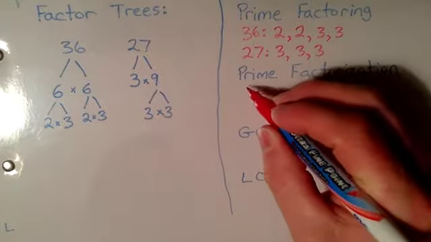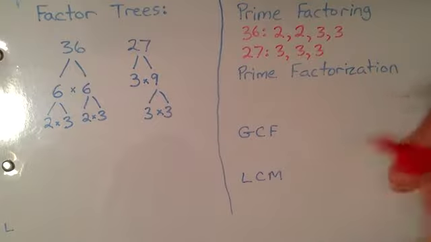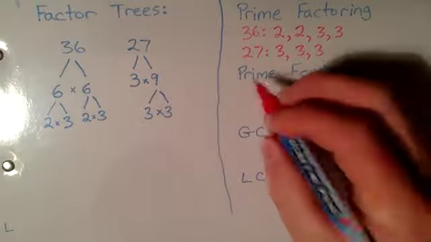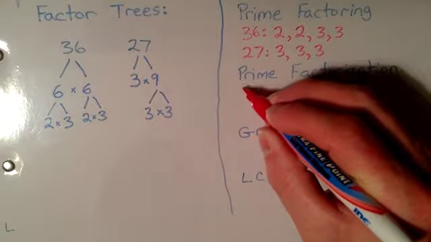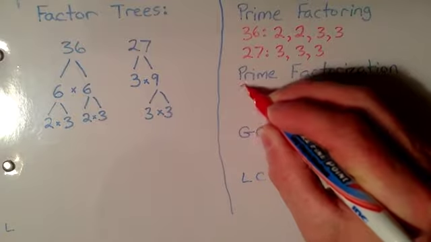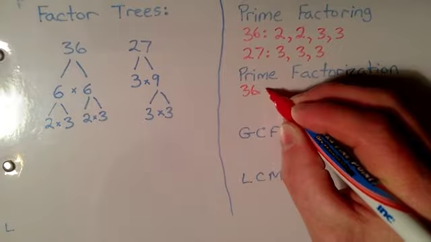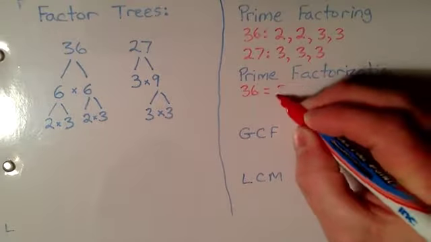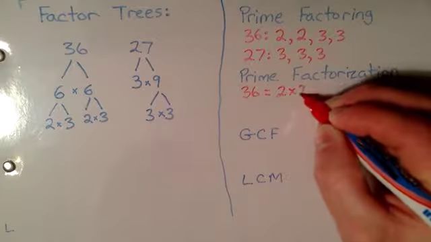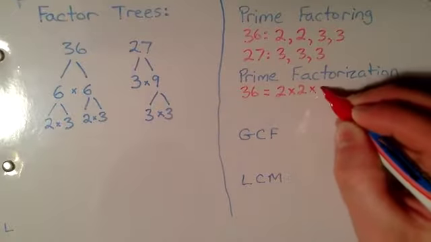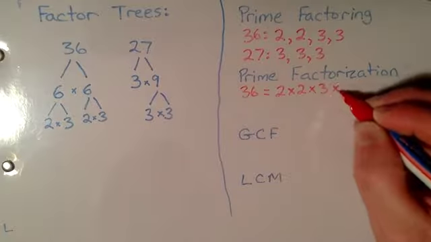Now, prime factorization is almost the exact same as prime factoring, but there's one little difference. With prime factorization, it's actually written as a multiplication. So 36 is equal to 2 times 2 times 3 times 3.